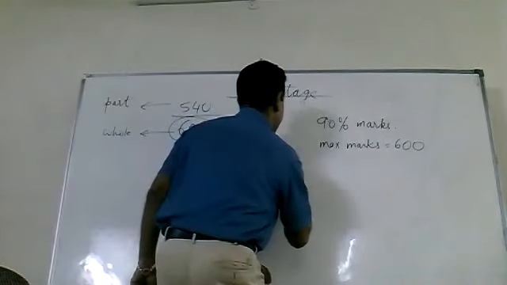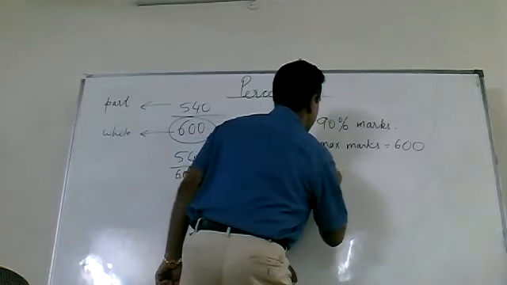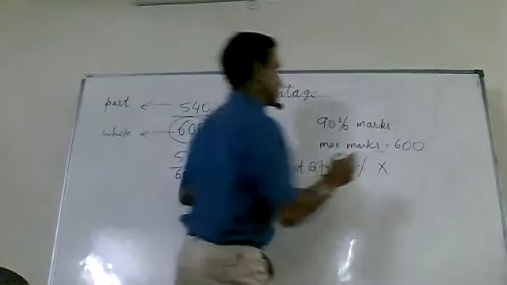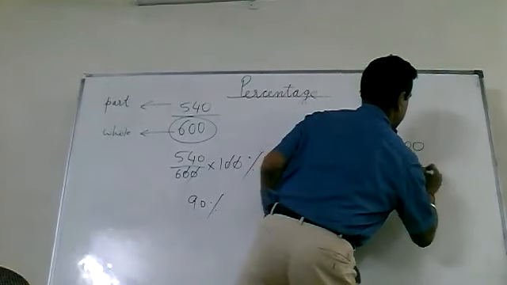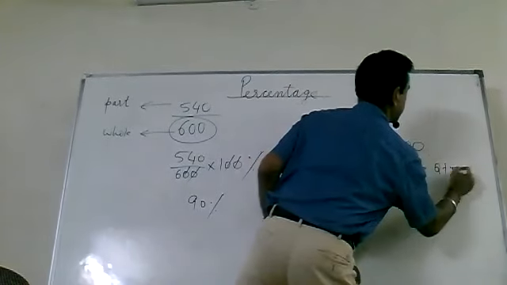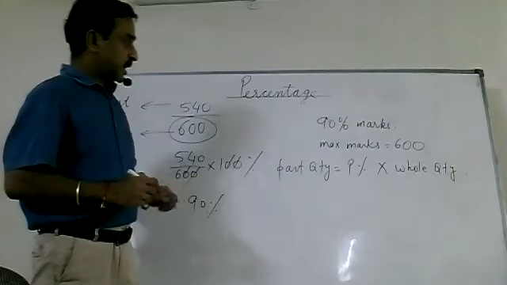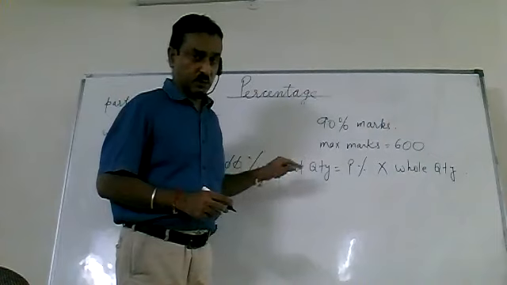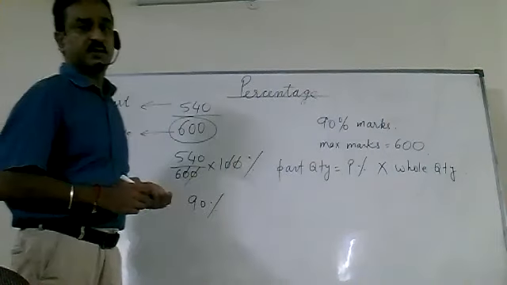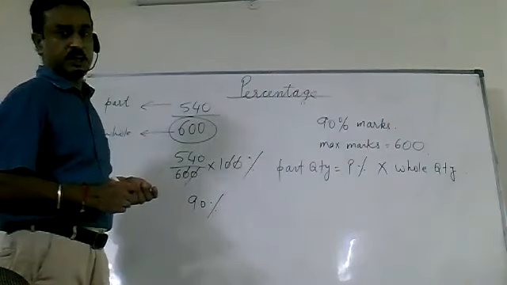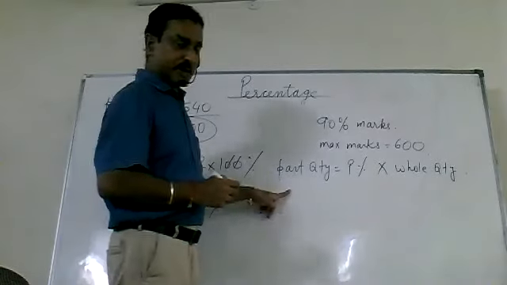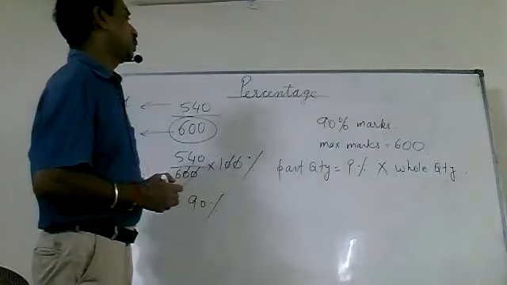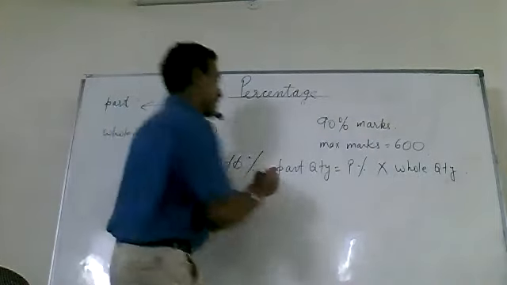So how we calculate it: part quantity is P percentage into the whole quantity. Here the whole quantity is 600. This is the maximum marks that we could have got, and this is referred to as the whole quantity here. So part quantity is P% into the whole quantity. How much marks will he get?